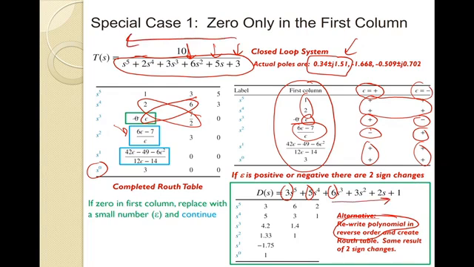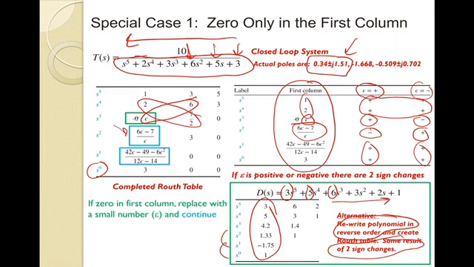And then I create my Routh table that way. Notice what happens. I don't end up with a 0 in my first column, and I also get 2 sign changes, one from here to here and one from here to here. I also get the same result. Again, they don't tell you location, only that there's 2 right half plane zeros. So this is an alternative, the one I would prefer, but this is more of a modern sort of realization.